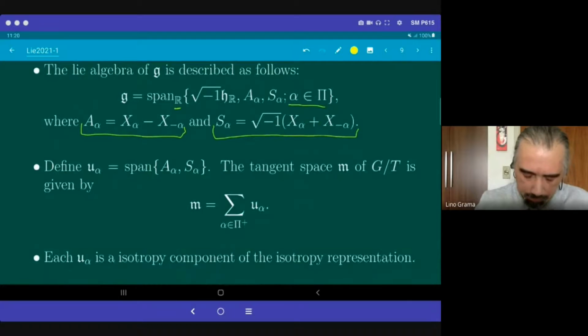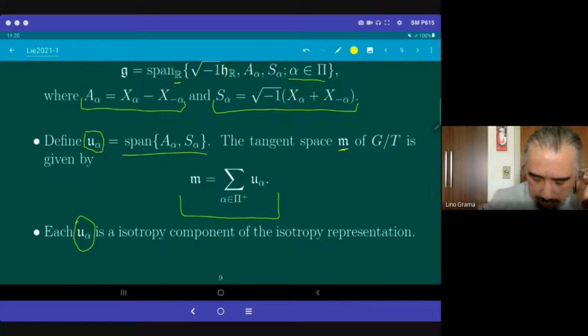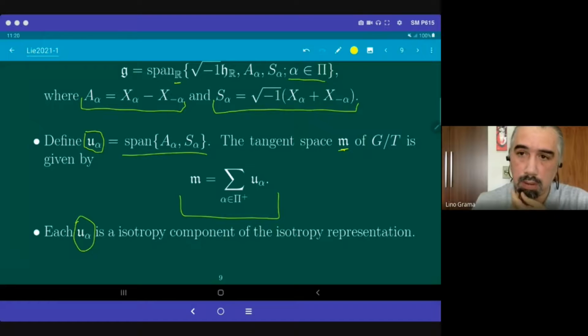And we define this two-dimensional real space. For full flag manifolds, the tangent space has this decomposition, and each of these U_alpha is an isotropy component of the isotropy representation.